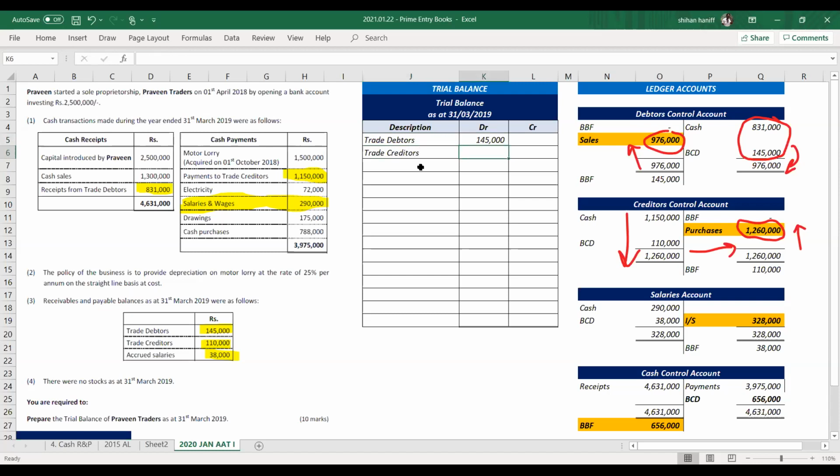Then trade creditors, so credit balance 110,000. Accrued salary 38,000. Then we have calculated the cash balance 656,000. So these are the closing balances.